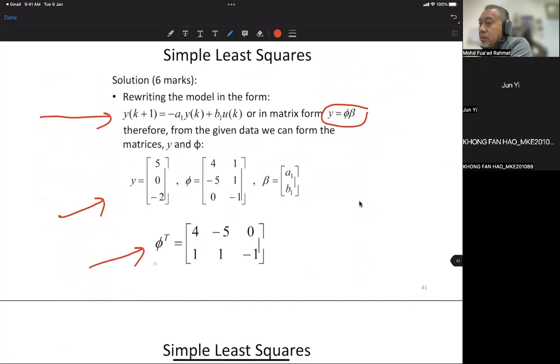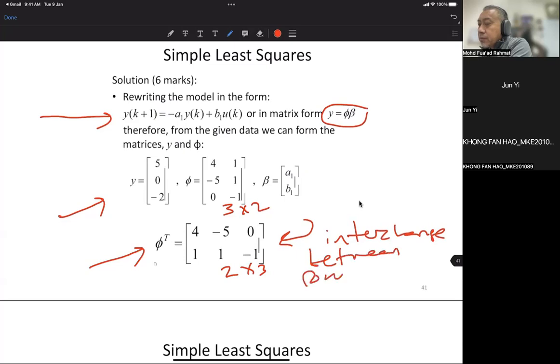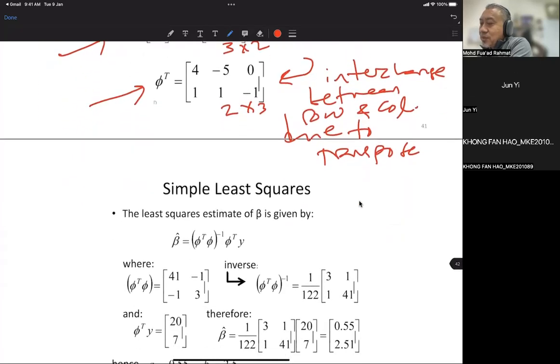So this is 3 multiplied by 2 size, and this is 2 by 3, because we interchange between rows and columns due to the transpose. And then the beta estimation is psi transpose psi inverse psi transpose.